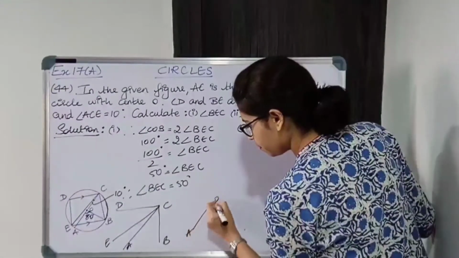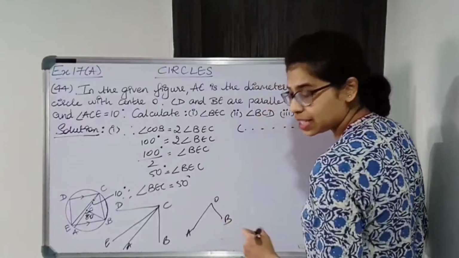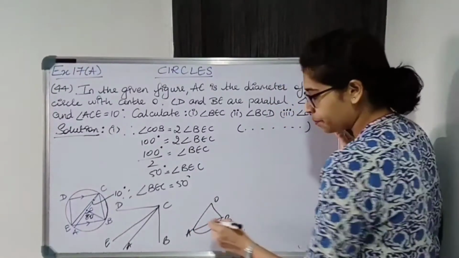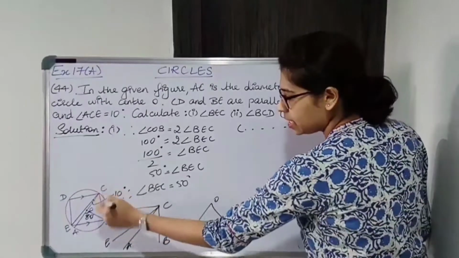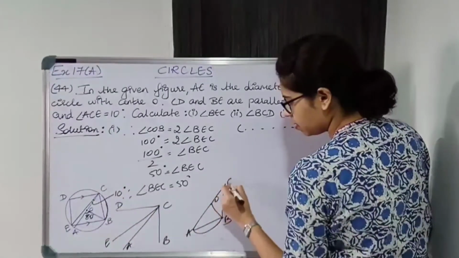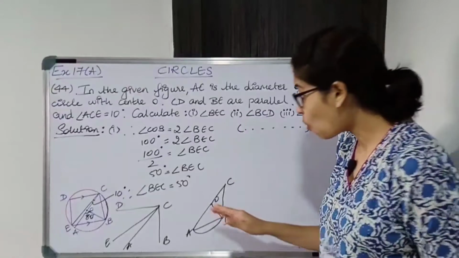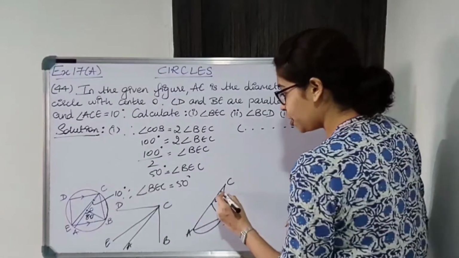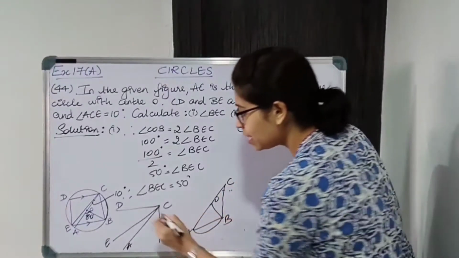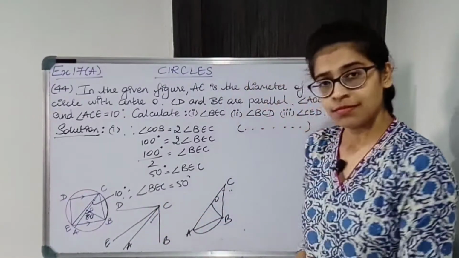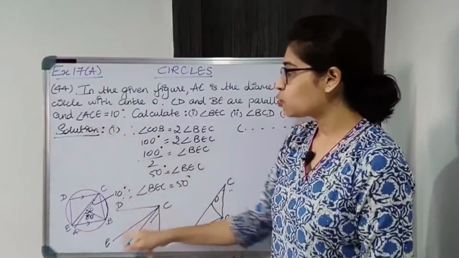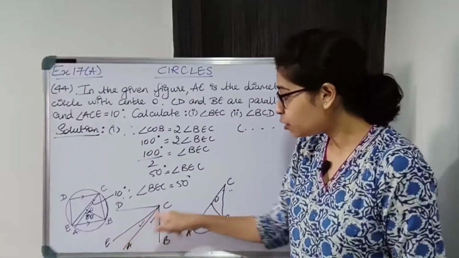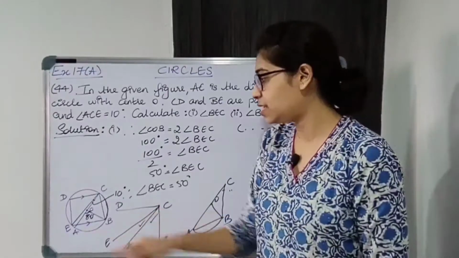AOB is the angle at the center subtended by this arc or chord at the center. ठीक है, and ACB is at the circumference. So angle ACB is half of angle AOB. ओके ये 40 हो जाएगा. सो दिस एंगल आई कैन फाइंड. नेक्स्ट इज ACE. स्टूडेंट्स आई एम गिवन ACE का वैल्यू ये 10 डिग्रीज है. सो आई नो 2 एंगल्स. आई नीड टू फाइंड दिस एंगल ECD और DCE.